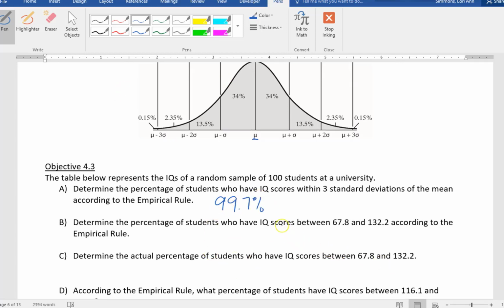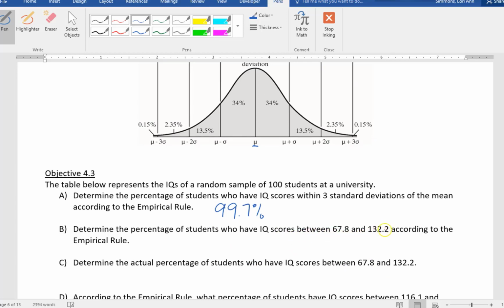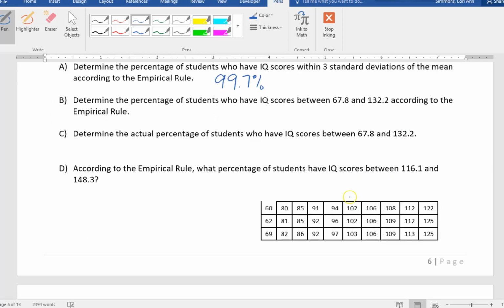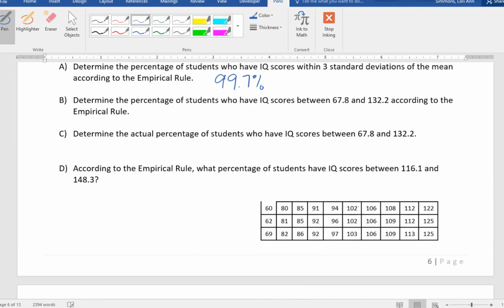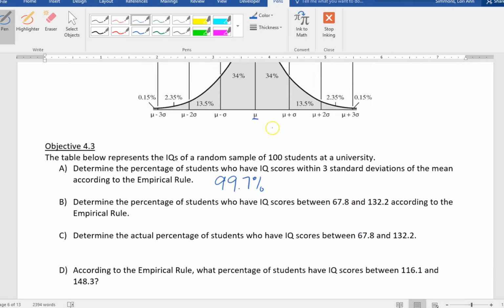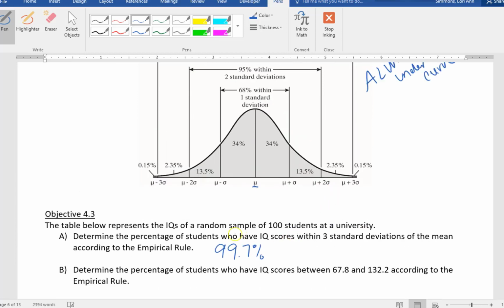Determine the percentage of students who have IQ scores between 67.8 and 132.2 according to the empirical rule. Now we have our data, so you're going to have to plug this into your calculator and figure out the mean and standard deviation. Notice this is for a sample.